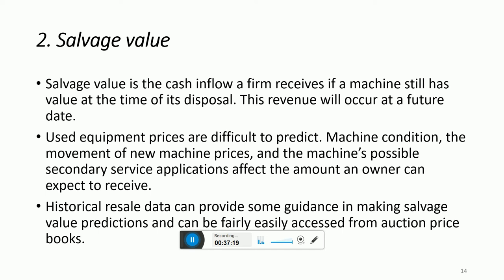By studying such historical data and recognizing the effects of the economic environment, the magnitude of salvage value prediction errors can be minimized, and the accuracy of an ownership cost analysis can be improved.